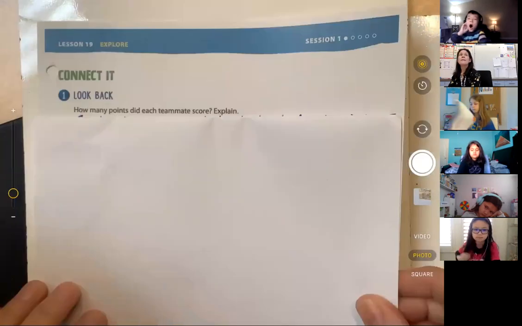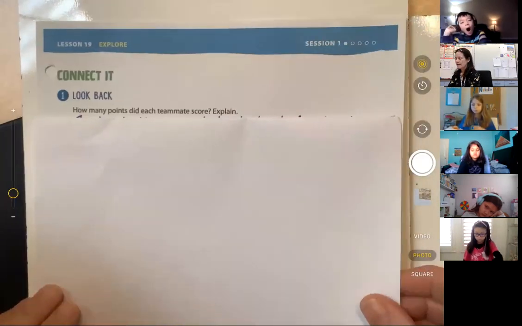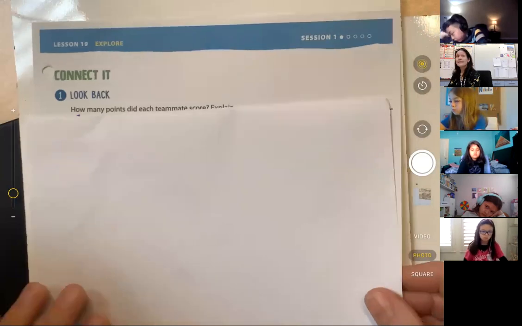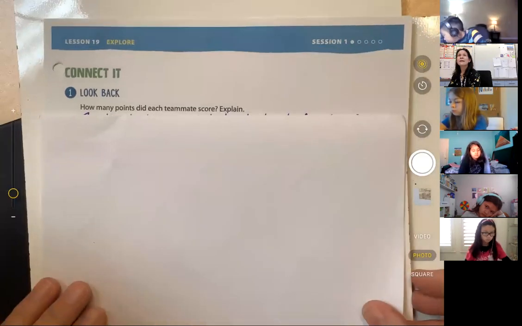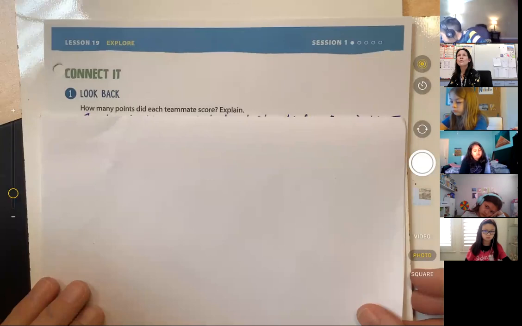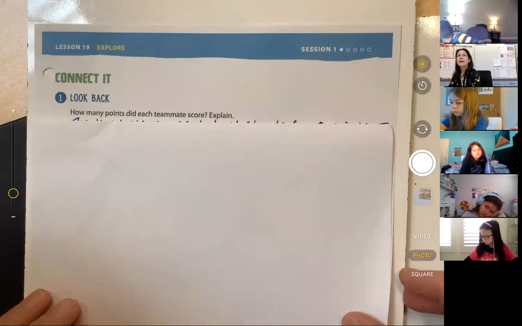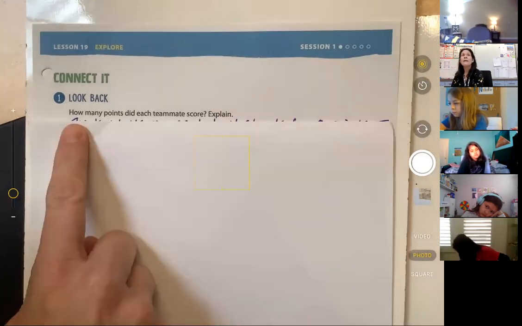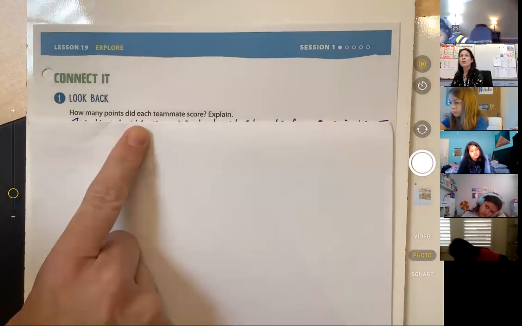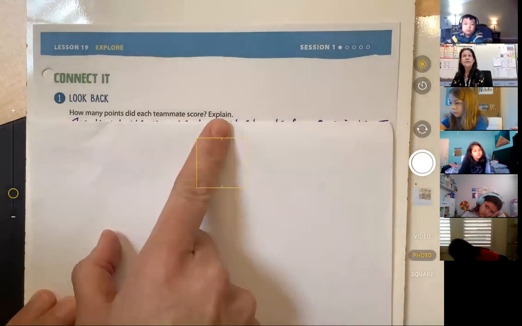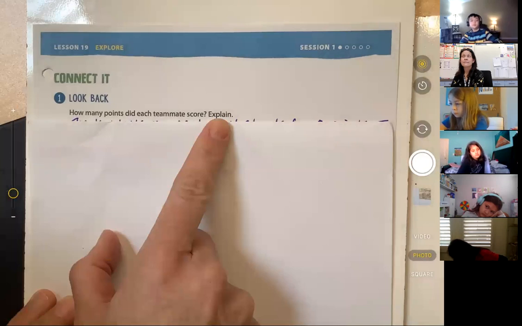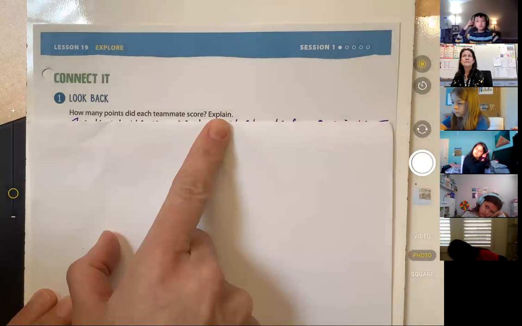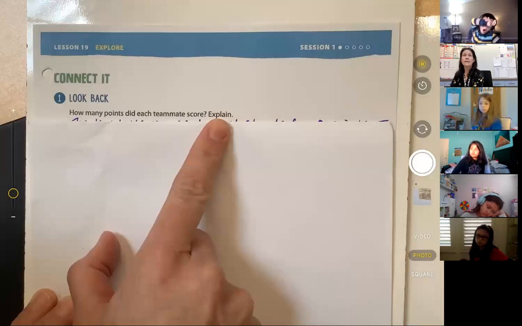So up at the top, under that green connect, we're going to look back a little bit on the problem in the picture graph that we just solved. And it's asking how many points did each teammate score, but now you need to explain it. Because again, friends, as I've told my students in 3rd grade, we are not about just the solution, we're about the why. Why did this happen?